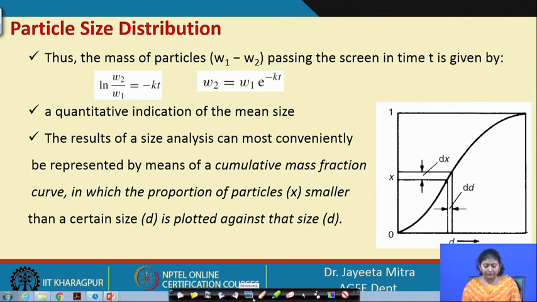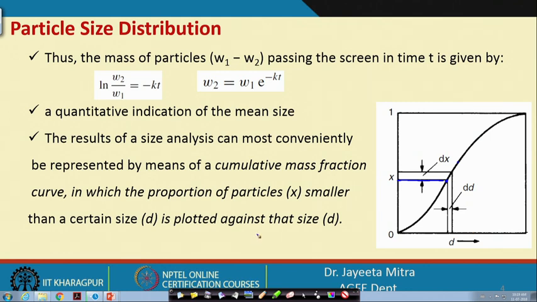So, this is the cumulative mass fraction, x is showing the cumulative mass fraction. If we consider that at any instant the x fraction is smaller than the size d, then as we move from 0 to the higher size, the fraction on the left side of that point indicates the particles smaller than that particular size d.